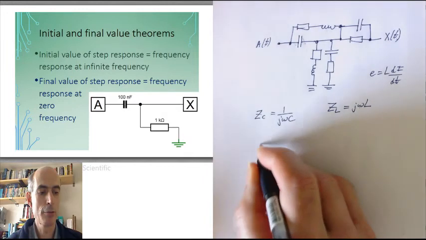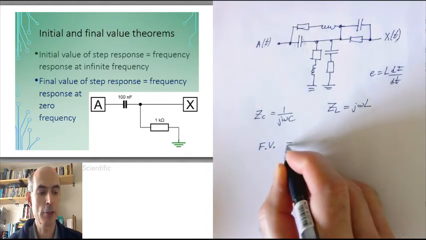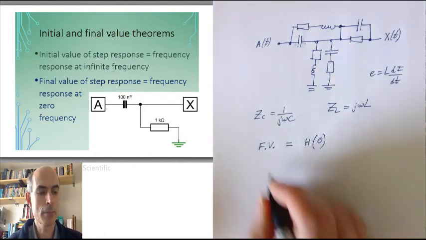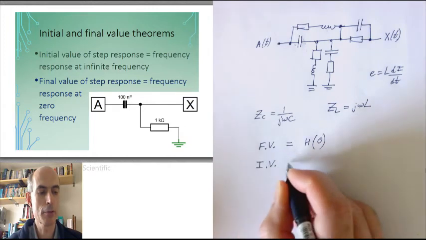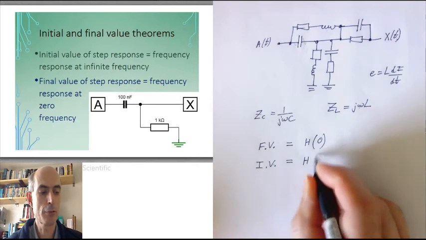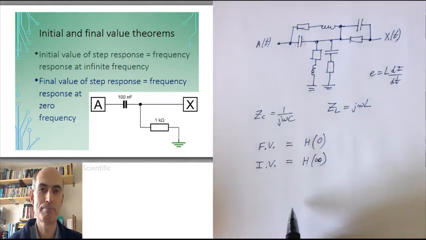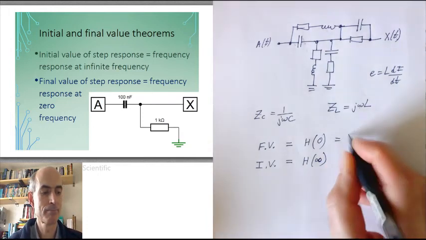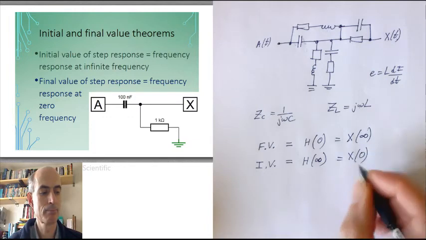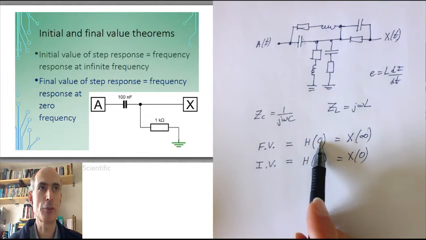So, the final value theorem says that the final value of the step response is the frequency response at zero, and the initial value theorem says that the initial value of the step response is the frequency response at an infinite frequency. Where the x's are functions of time and the h's are functions of frequency.